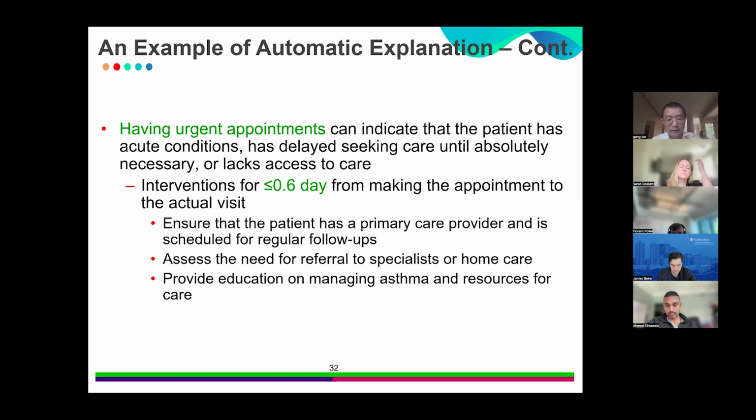So for this particular patient, if we find this association rule that's used to explain why this patient is likely to have a bad outcome next year, then those are the interventions we can automatically suggest for this patient.